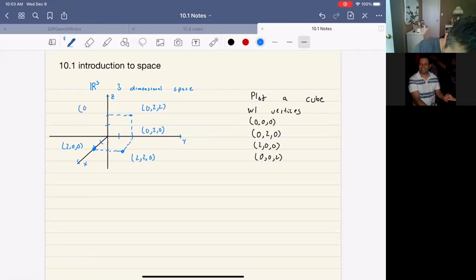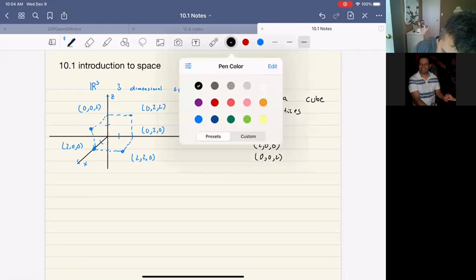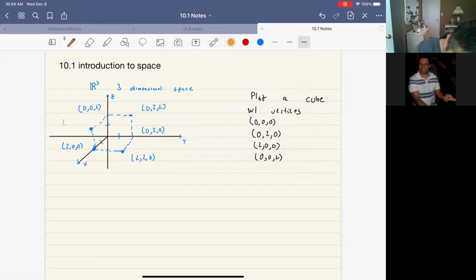This point here is 0, 0, 2. Okay, I can draw this point. That point there, let me draw that in a different color. That point there is 2, 0, comma 2. And then finally this point right here is 2, 2, 2.